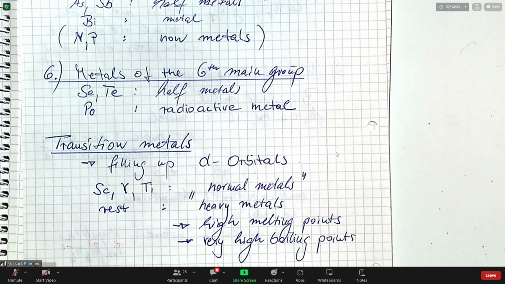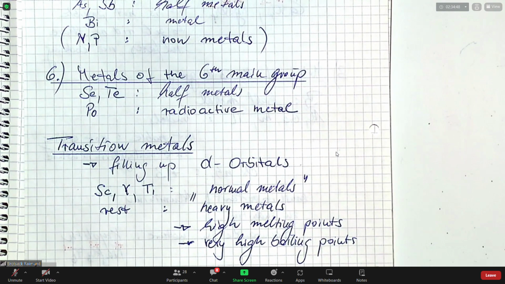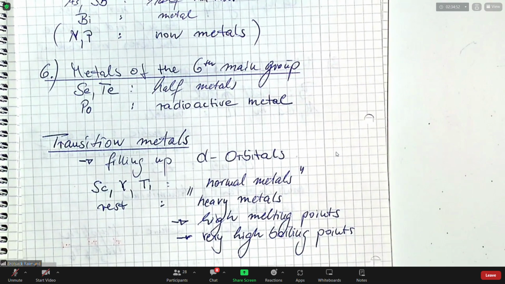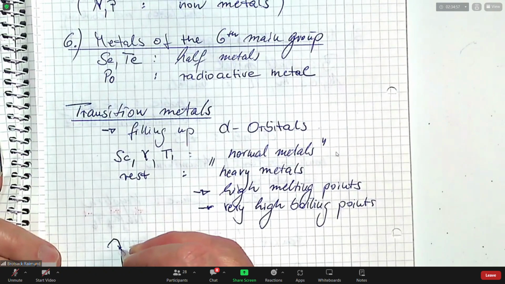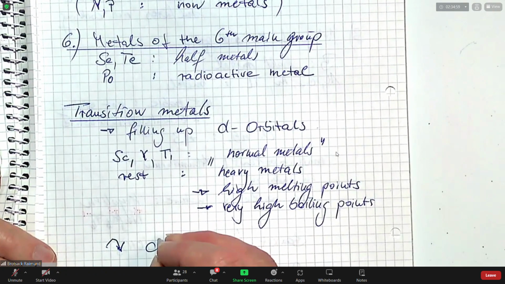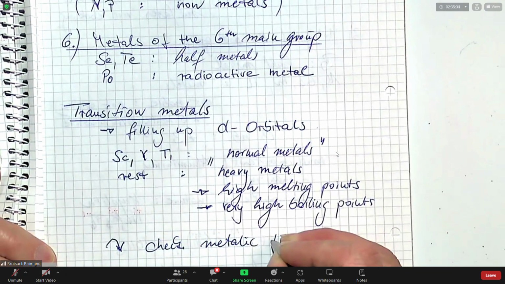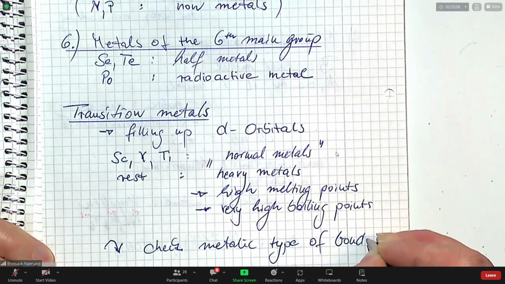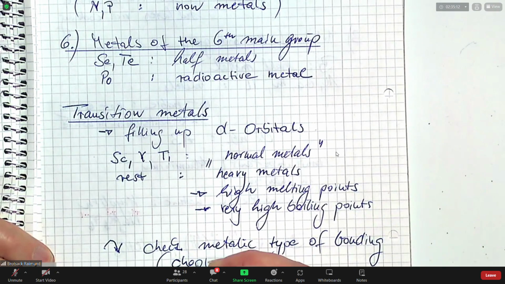And please remember, I think it was chapter 3.5, the metallic type of bonding. I just remind you.